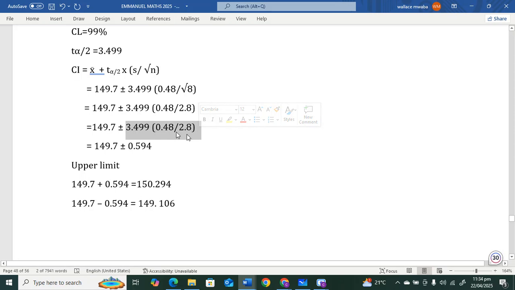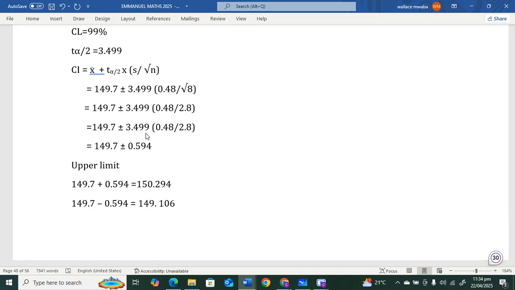Whatever number you get, you then multiply by 3.499. That's how we got the 0.594. So 0.17 multiplied by 3.499.